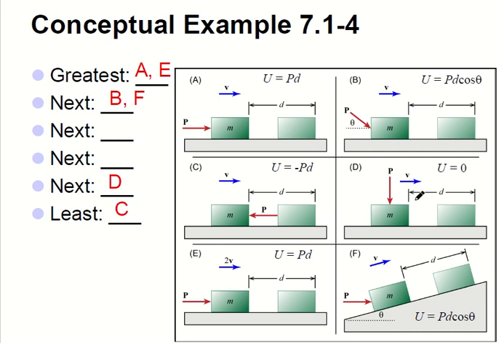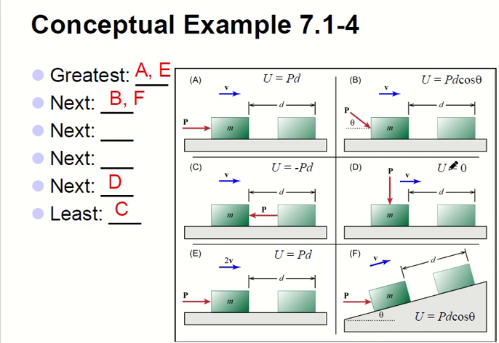So now we come to the 3. When you look at it, this is a force at an angle, and this one is completely 90 degrees to the normal. When you have 90 degrees to the normal, you have no work.